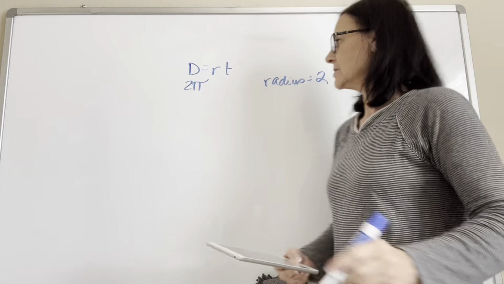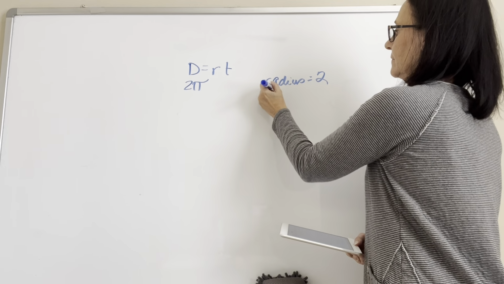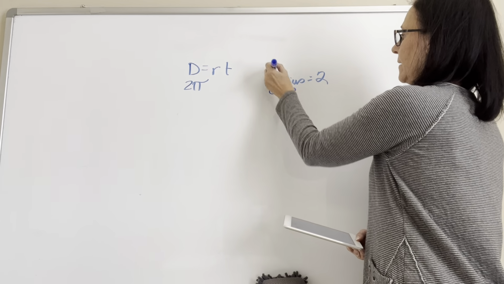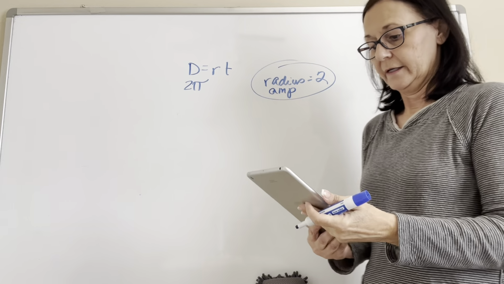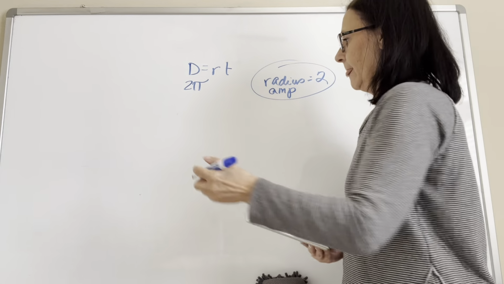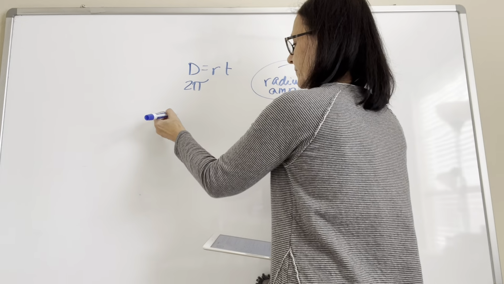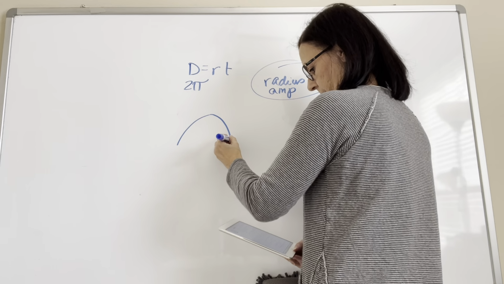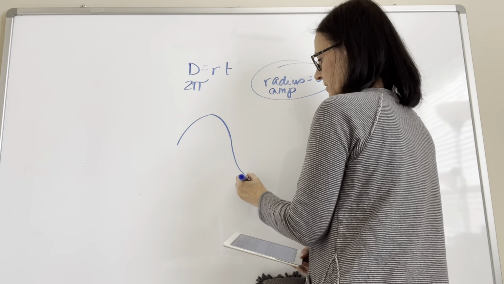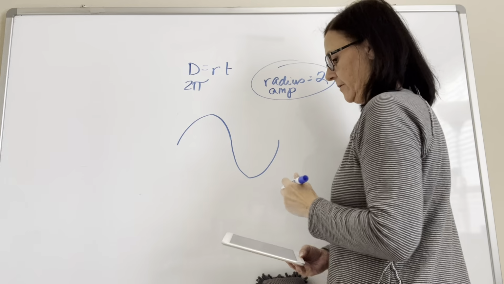So really that's just my amplitude. I know my amplitude is going to be 2, because as I move that wheel, it's going to go up to 2, back down to 0, down to -2, back up to 0.